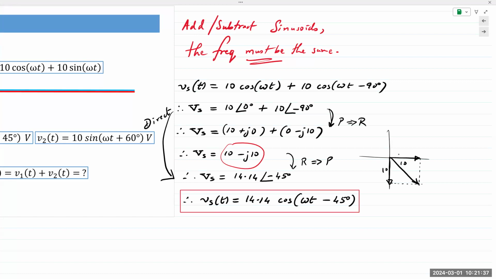And so 10 and minus 10, take either one of the triangles. It doesn't really matter which one you take, but you apply trigonometric identities and you get the length of the vector as 14.14. And then the phase angle here is minus 45. These are all calculations that we used to do manually, but technology helps us save time. You simply enter the value of the coordinates and it gives you a final answer.